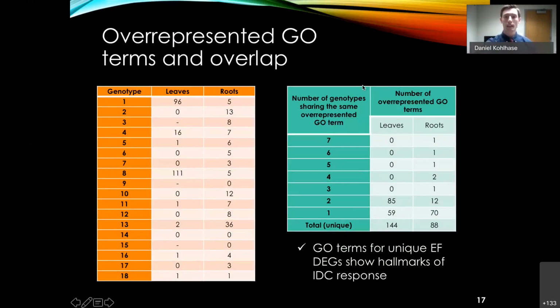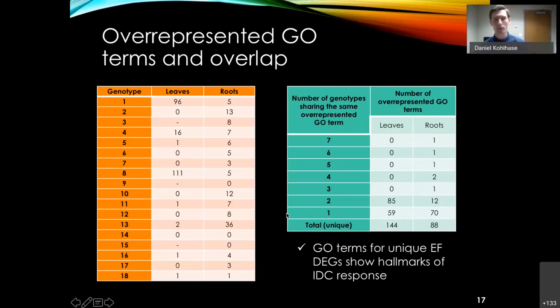And then again, looking at overlap across all genotypes, we saw more overlap in the roots, up to 7 genotypes sharing an overrepresented GO term, and then only 2 sharing GO terms in the leaves. And when we look at the leaves, this primarily comes from 1 and 8.